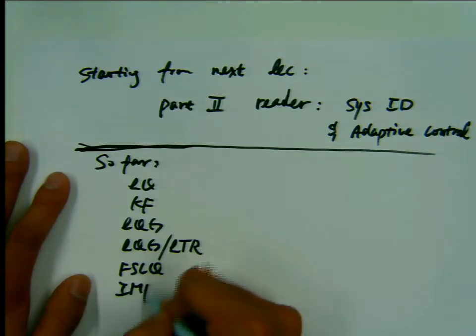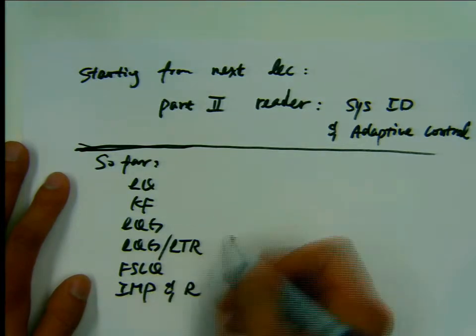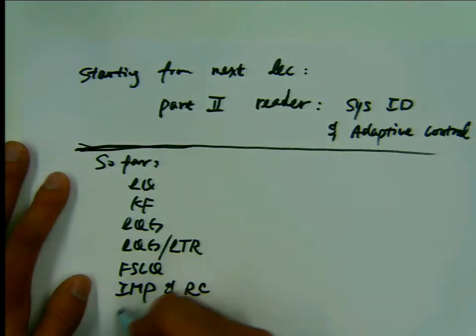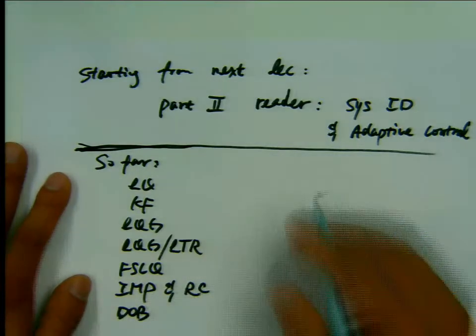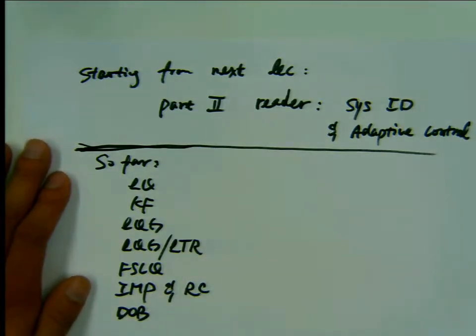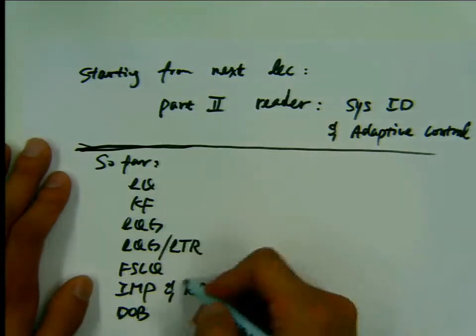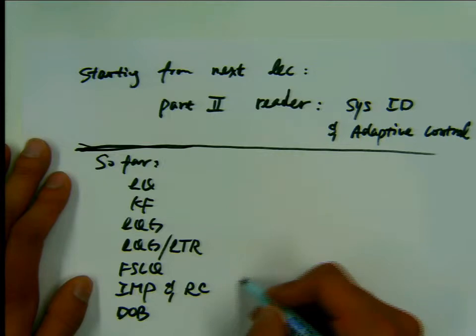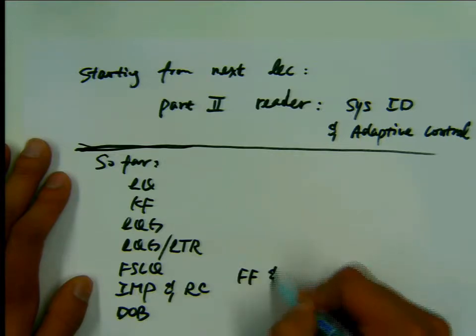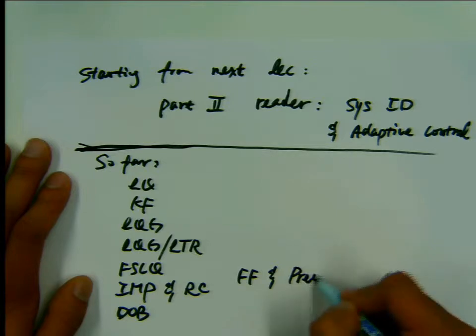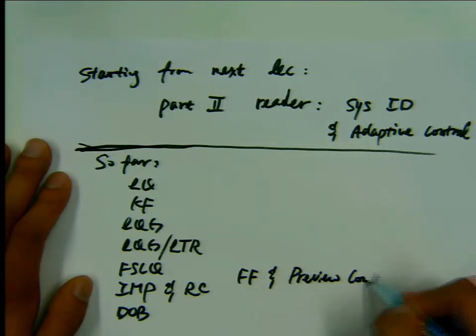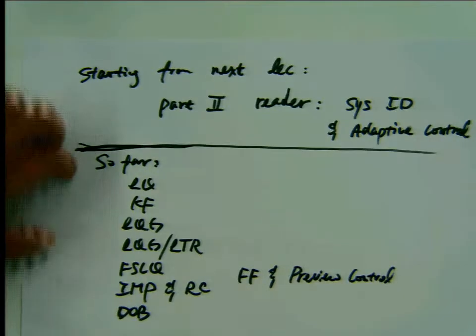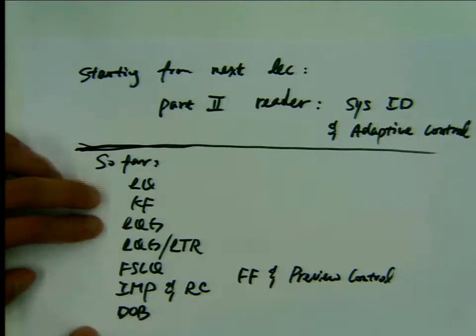Internal model principle and repetitive control. And then disturbance observer. Preview control, yeah, I'm missing preview control. Preview control is somewhere between these two. It's a feed-forward design. Okay, have a big picture of everything here.